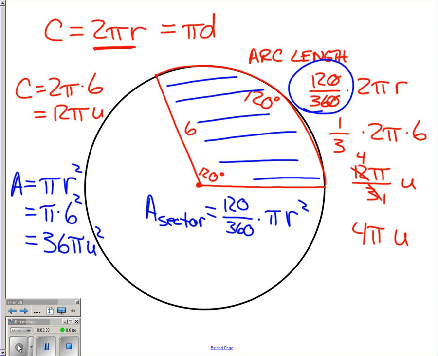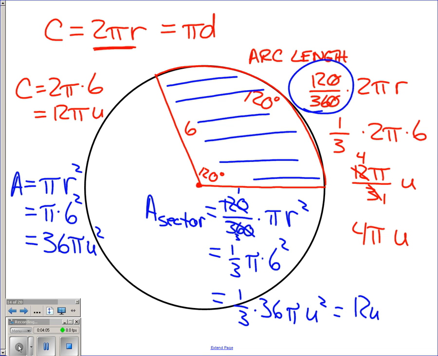Well, the whole circle is pi r squared. Again, this fraction, 120 over 360, simplifies to 1/3 pi times 6 squared. Well, we already know the pi 6 squared. That's 36 pi. So this is 1/3 of 36 pi units squared, and that simplifies to 12 pi units squared. Got to put the pi in. 12 pi units squared.